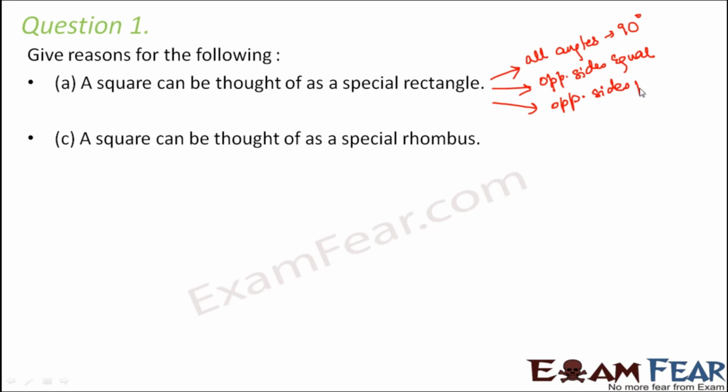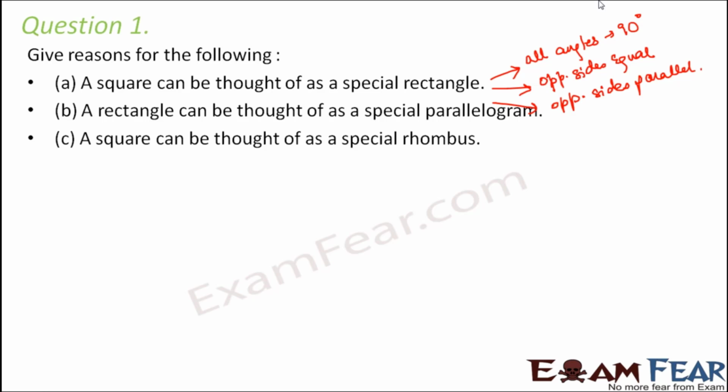So these are some of the criteria needed to become a rectangle. So we see that a square satisfies all the criteria to become a rectangle. In fact, besides that, a square has some extra features. For example, in a square, all the sides are also equal, all the diagonals are also equal. So those are the extra features in a square. So yes, a square can be thought of as a special rectangle.